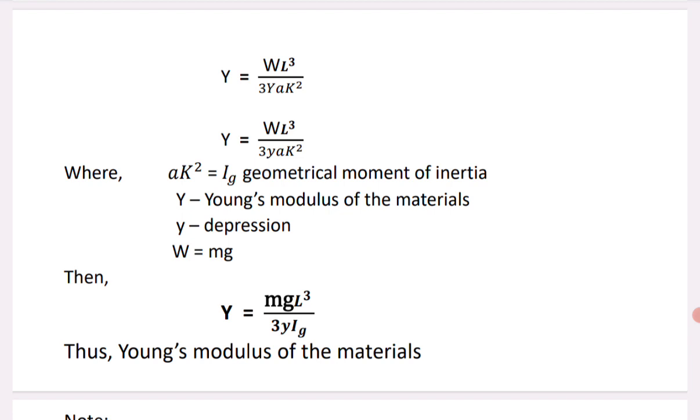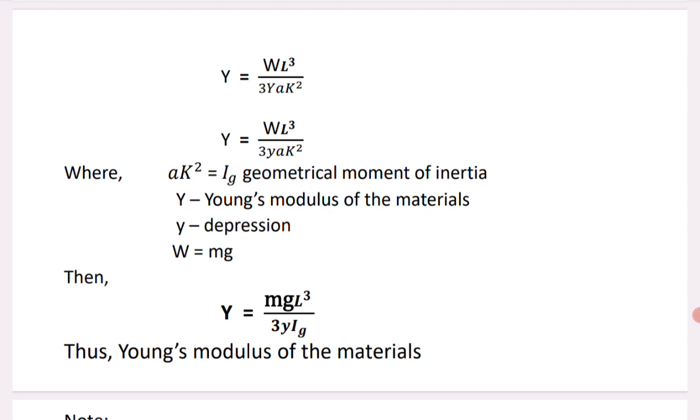So W is equal to mg. Then W can be replaced by mg, and AK² can be replaced by Ig, so we will get y = mgL³/3YIg.